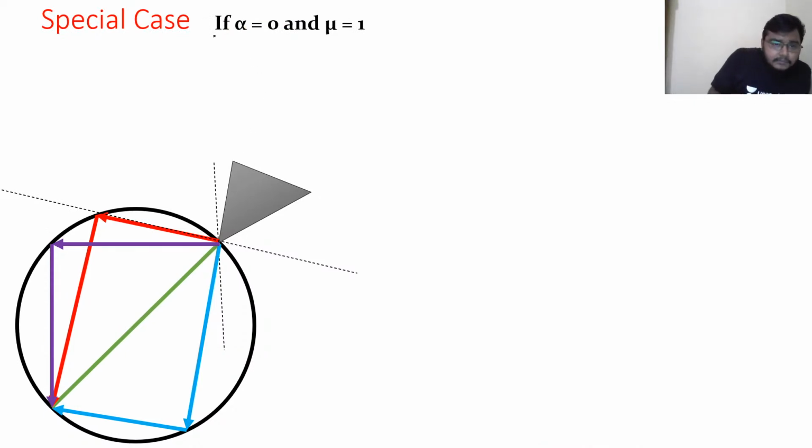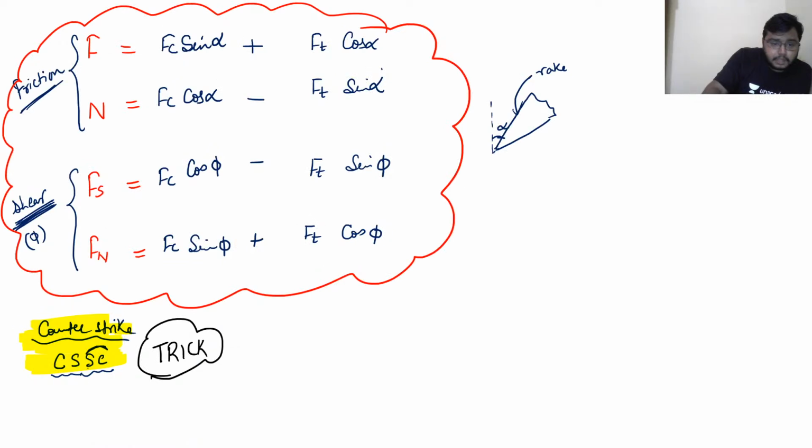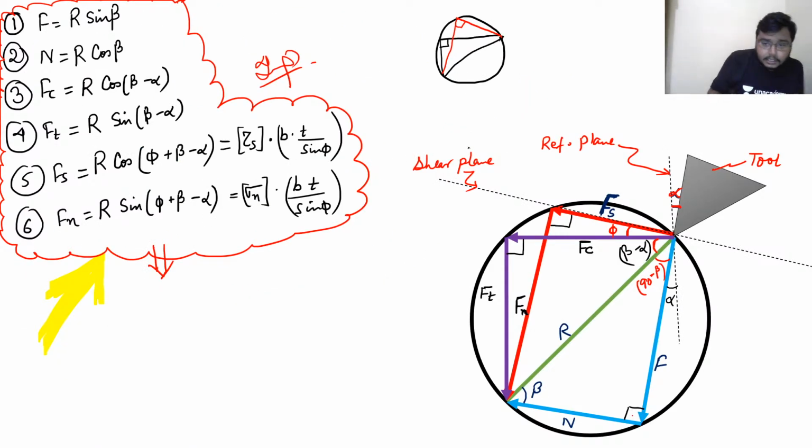Next case is if alpha is equal to 0, mu is equal to 1. Now please see what is the meaning of mu is equal to 1. Sir, if mu is equal to 1, then see here, I have not told you, I think. See here, from this equation, this is beta, and this is F, this is N. So can I write that tan beta is equal to F by N?